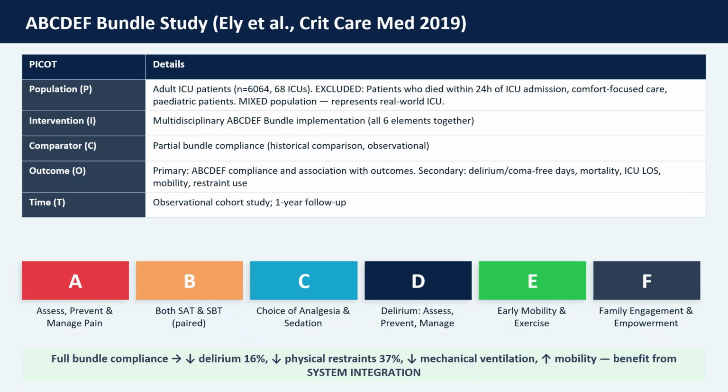Delirium assessment, where you use the ICU CAM criteria, but again you cannot do an ICU CAM in a patient who is paralyzed. So many times you see a nursing chart with ICU CAM and the patient is completely paralyzed. That should not happen, right? And early mobility and exercise, and family engagement and empowerment, these are very important things in the intensive care unit. Many times the patients do not understand what is happening to them.